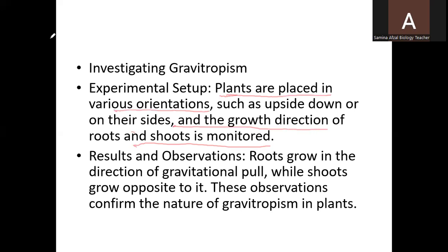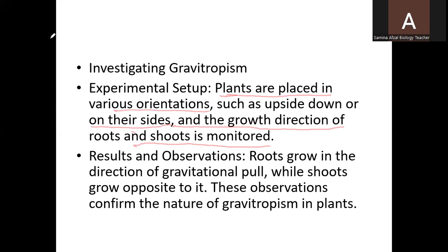These different pots will be set at a place where they get light from the upward direction and from the side. In this way the growth will be monitored and checked.